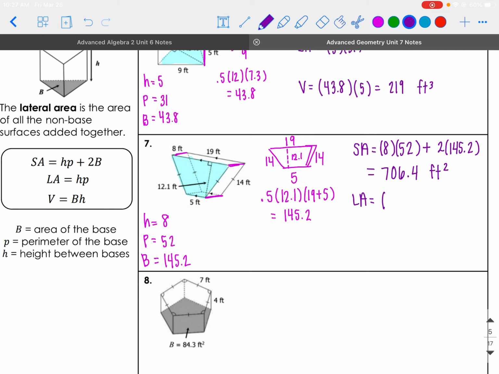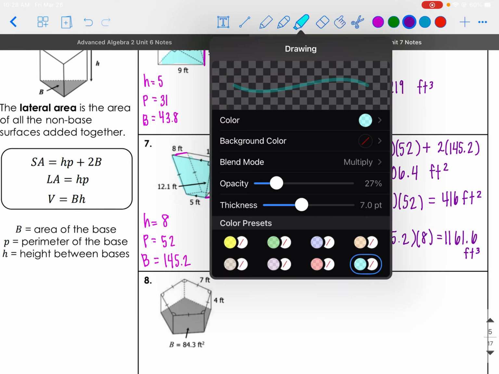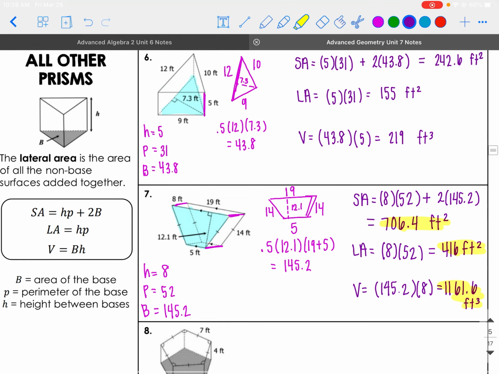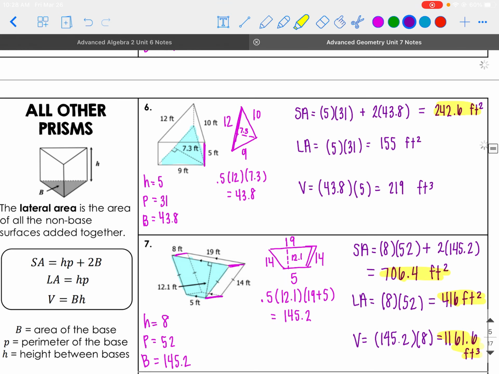Lateral area is just the 8 times 52, which is 416 feet squared. And volume is 145.2 times 8, which is 1161.6 feet cubed. And I don't think I highlighted up here.